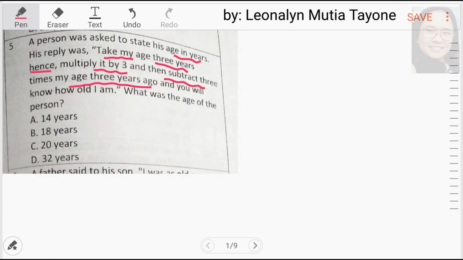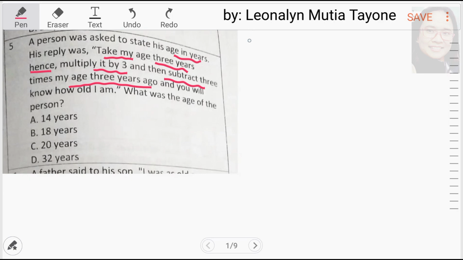What was the age of the person? Is it A, 14 years, B, 18 years, C, 20 years, or D, 32 years? Ito yung mga tanong na sana hindi na lang kita tinanong sa edad mo.